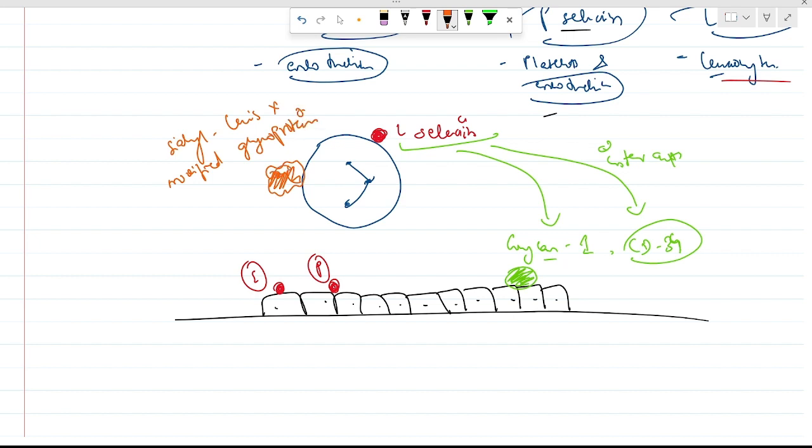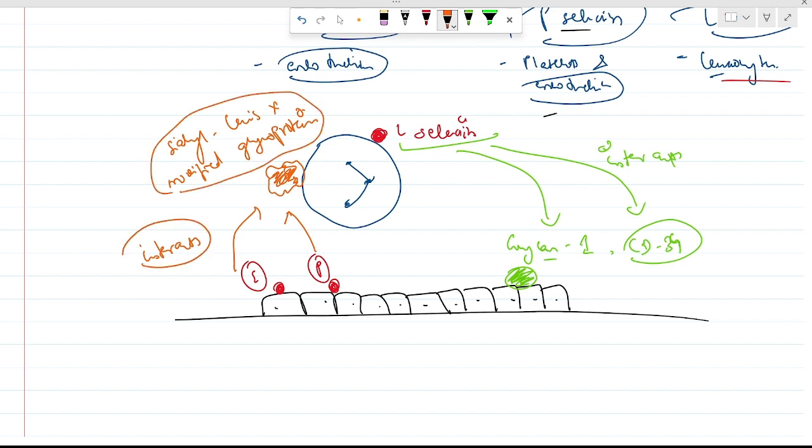E-selectin and P-selectin interact with this Sialyl-Lewis X modified glycoprotein on leukocytes.